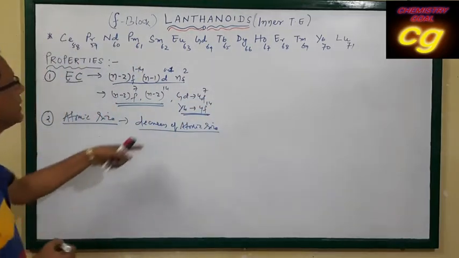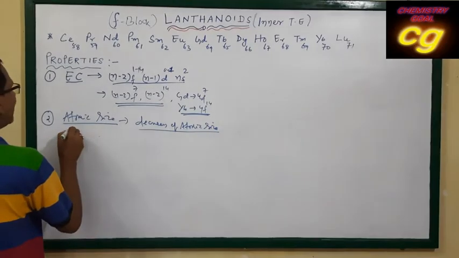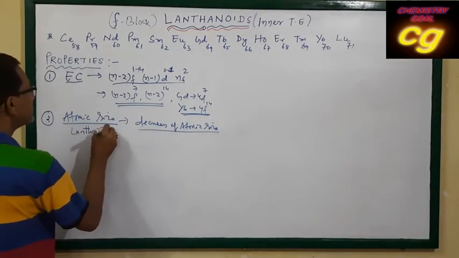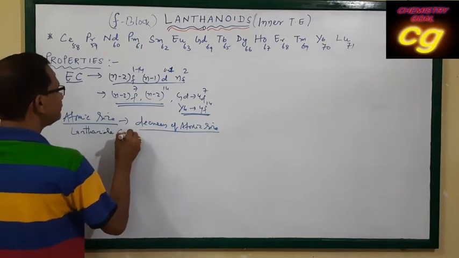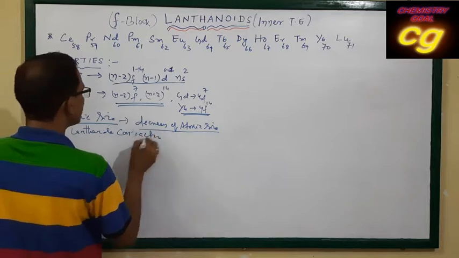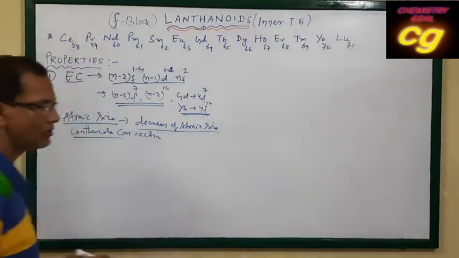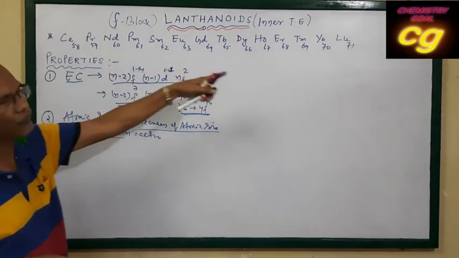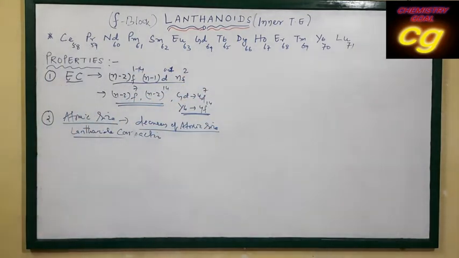This decreasing atomic size is called lanthanide contraction. Decreasing of size from left to right is called lanthanide contraction.